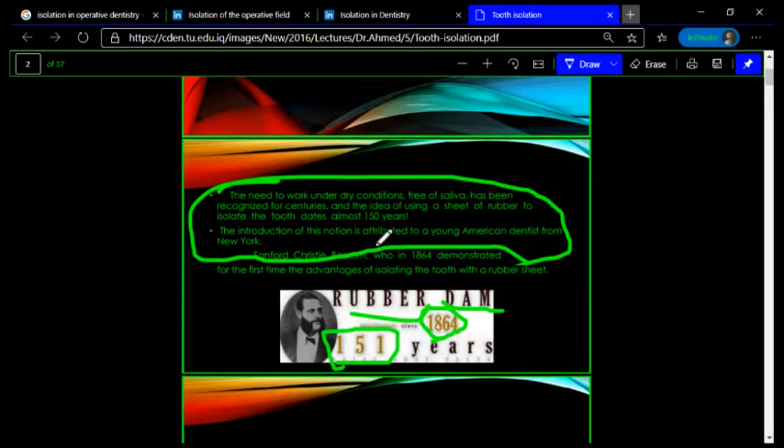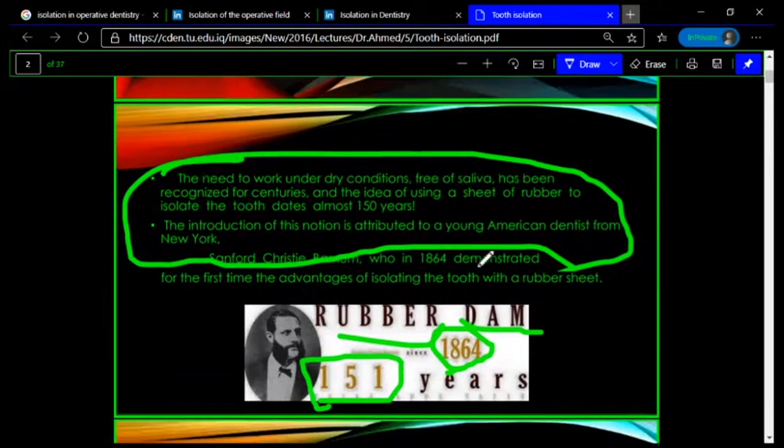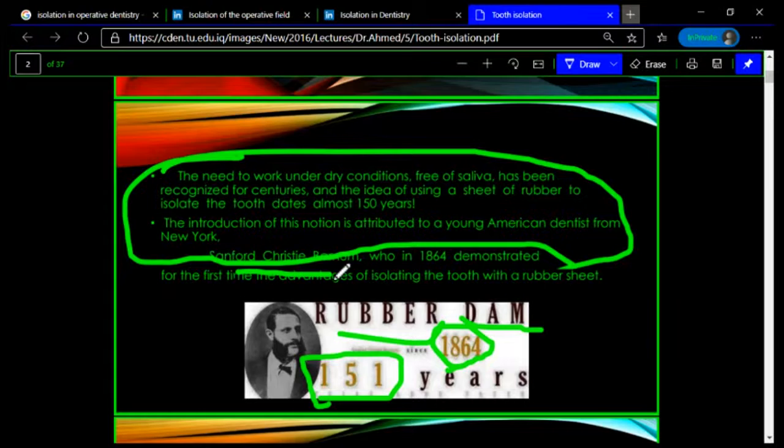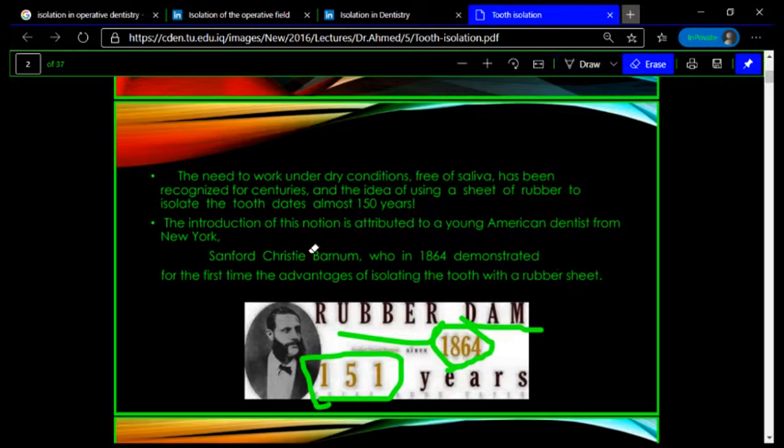The introduction of this notion is attributed to a young American dentist from New York, Sanford Christie Barnum, who in 1864 demonstrated for the first time the advantages of isolating the tooth with a rubber sheet.